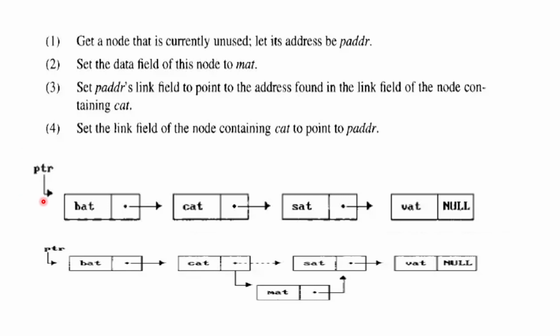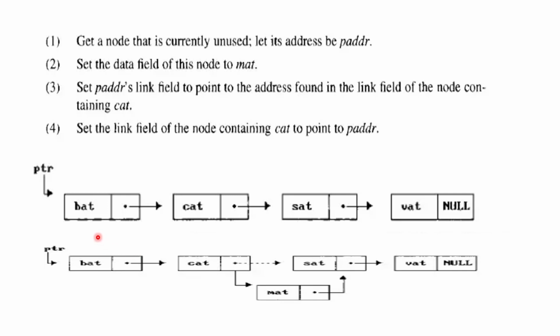Adding at the beginning is called front insertion. Adding at the end is called rear insertion, and this is the random place insertion. Similarly, I can remove the first node, I can remove the last node, or I can also remove a specified node of the linked list. I can merge, I can sort, but for the time being we'll see only the basic operations like traversing, insertion, and deletion.